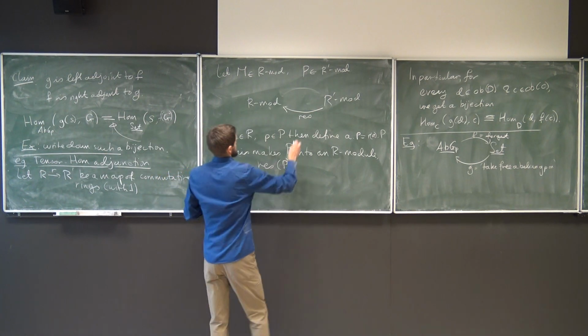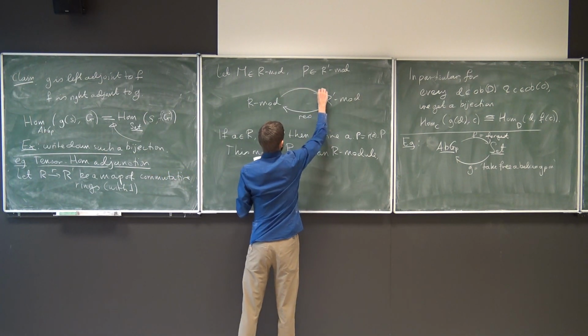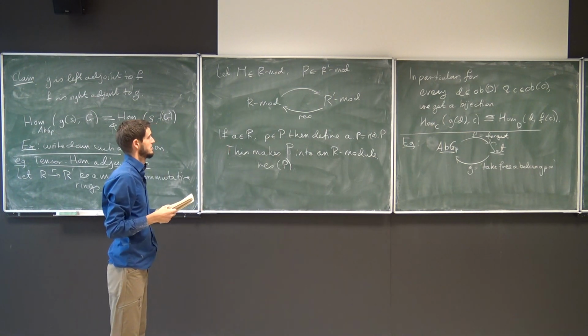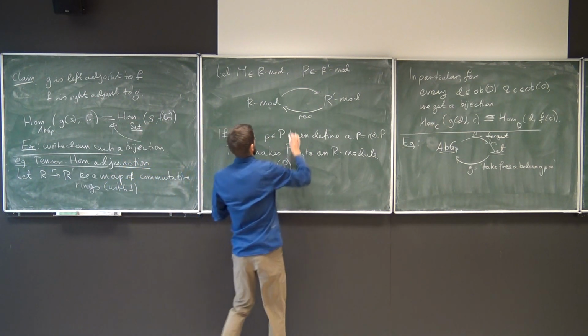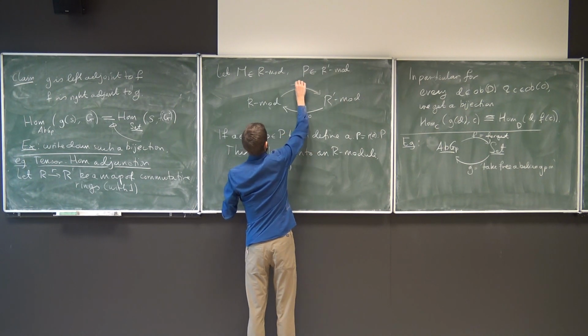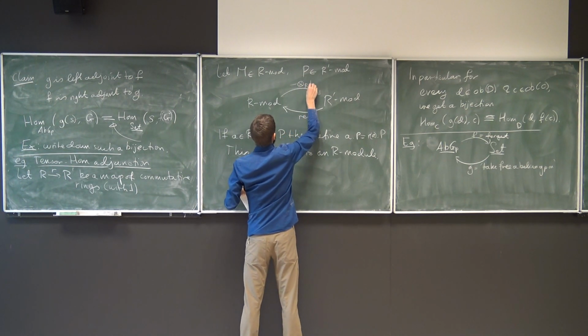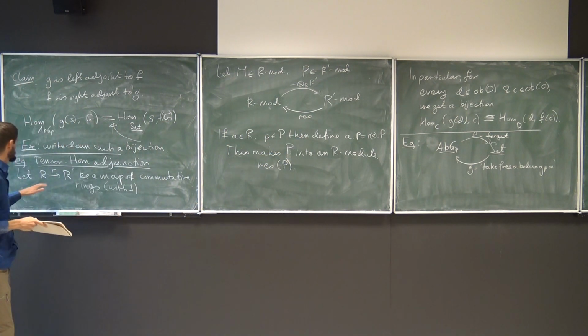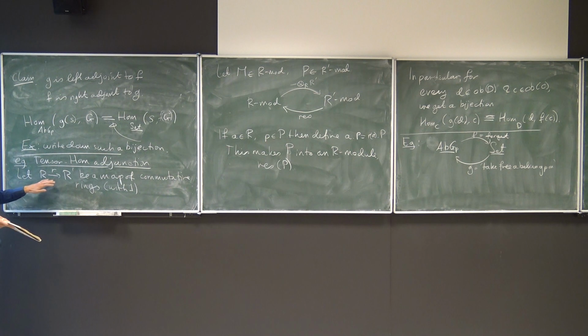Okay, so I need a map going the other way. What my map here is going to do is take the tensor product. This R prime is naturally an R module, because I have a ring map here, so I certainly have an action of R on R prime.